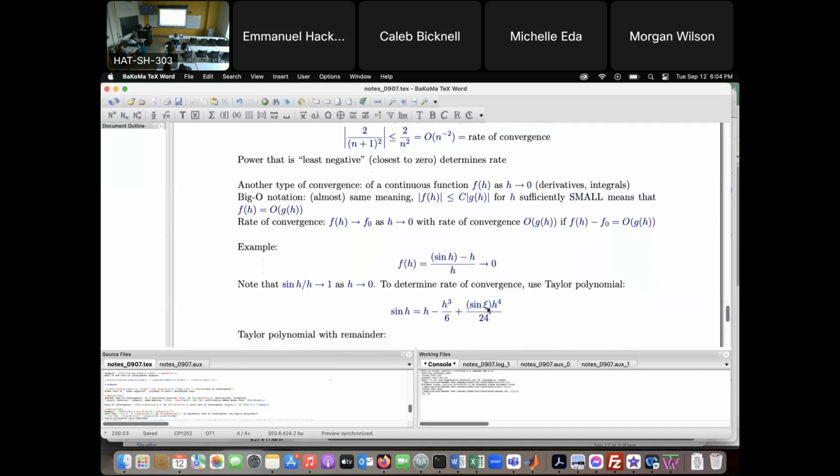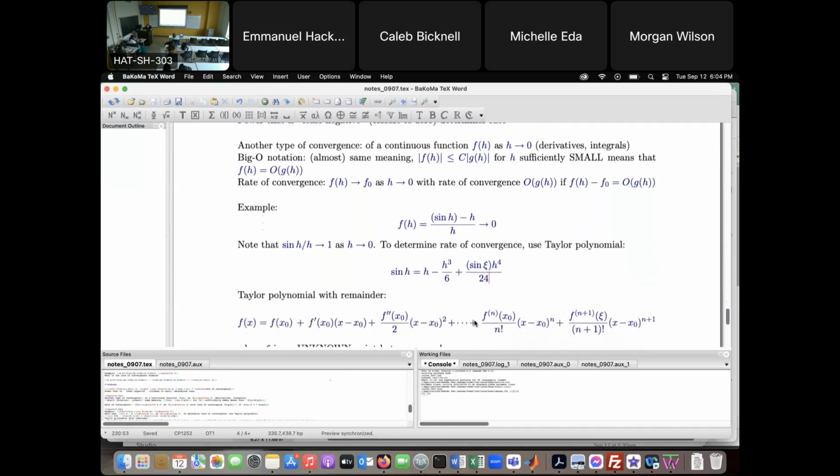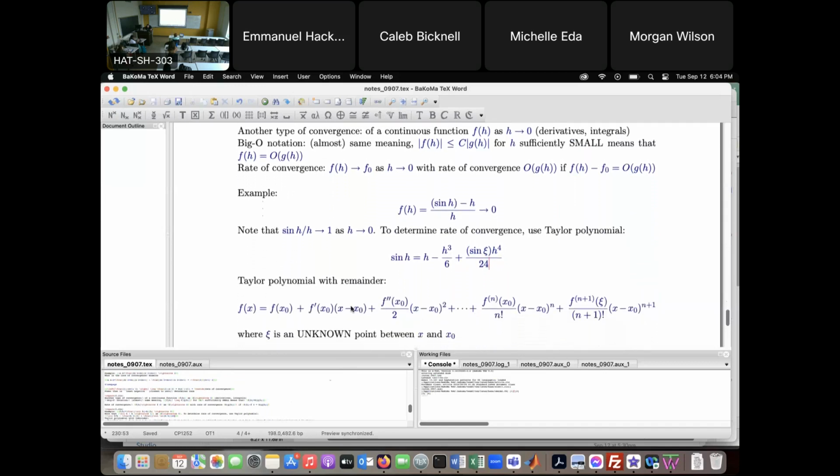Here the Greek letter c, or squiggly, as I refer to it, is an unknown number between 0 and h. So I go ahead, just in general, here's your general Taylor's theorem that I applied here, with n equal to 3.